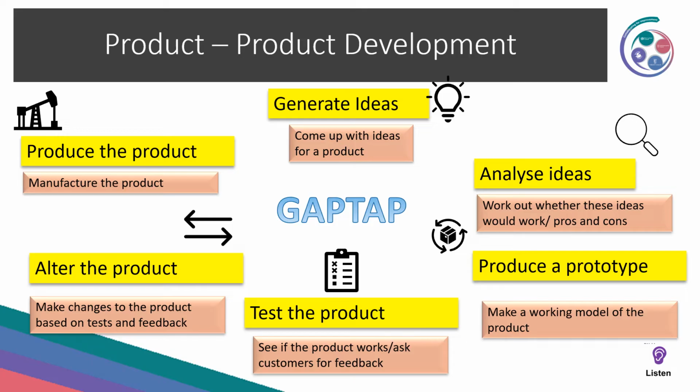Now these stages all happen before the product is launched into the market, if you're talking about the product life cycle. Now the last session we looked at, if you forget GAPTAP, but you remember all of the steps, if in doubt, leave the label out.